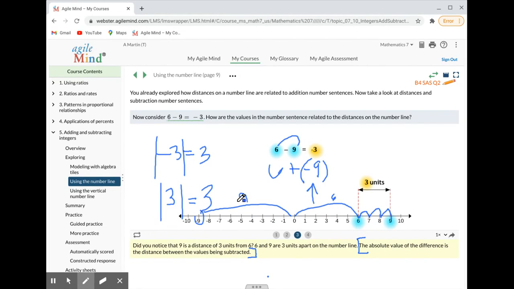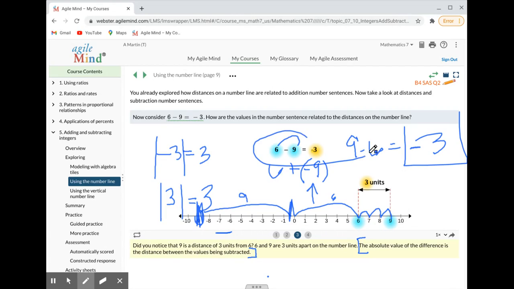So that means that our answer is going to be a negative answer. So all you have to do is 9 minus 6, and it equals 3, but we know that our answer is negative because it's a bigger distance from here to here. All right, so our answer would be negative 3 to this question.